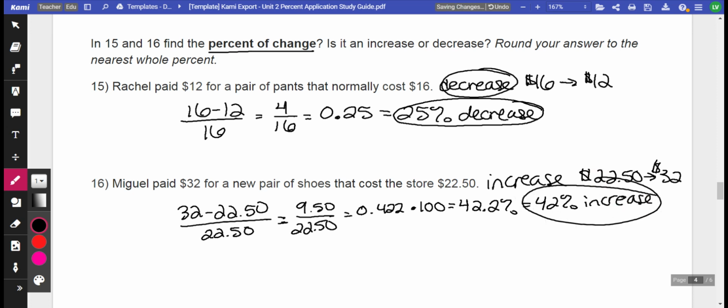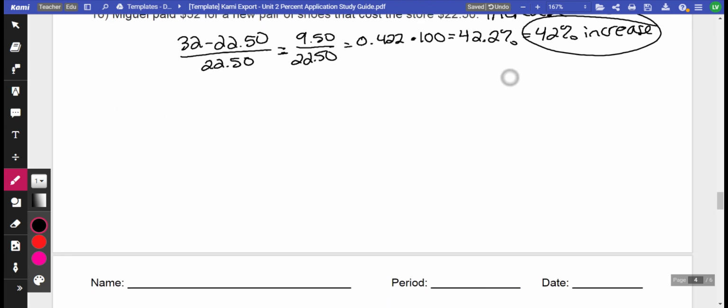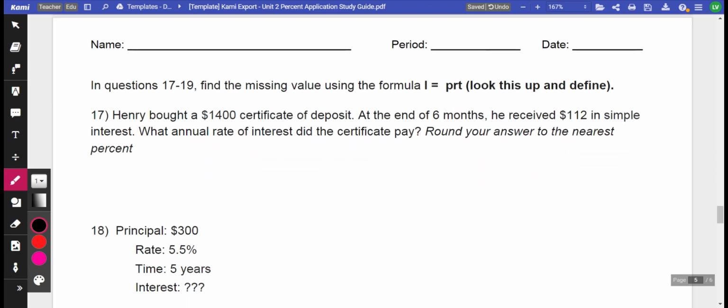All right, so continuing on to number 17. We're going to find the missing values using the formula I equals PRT. Look this up and define it. All right, well, we have I equals PRT. I is my interest.